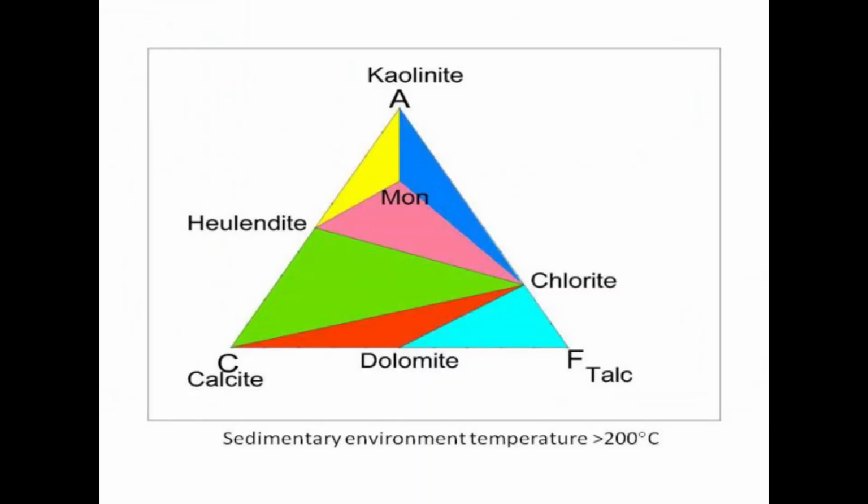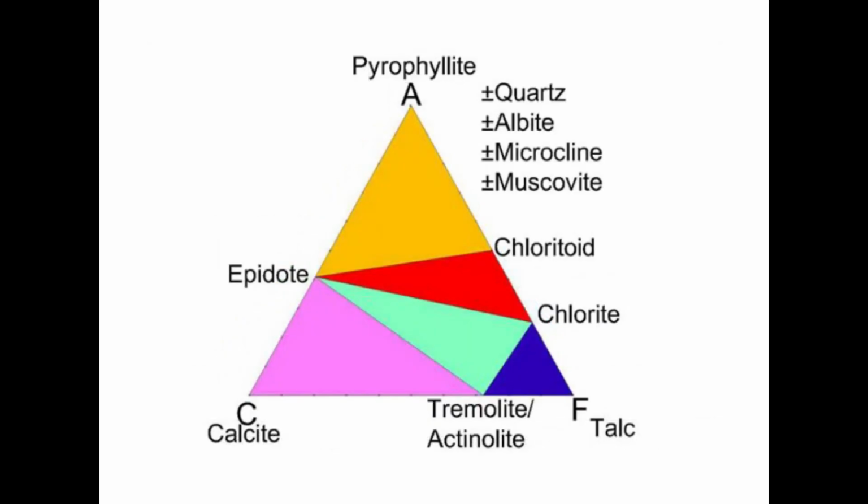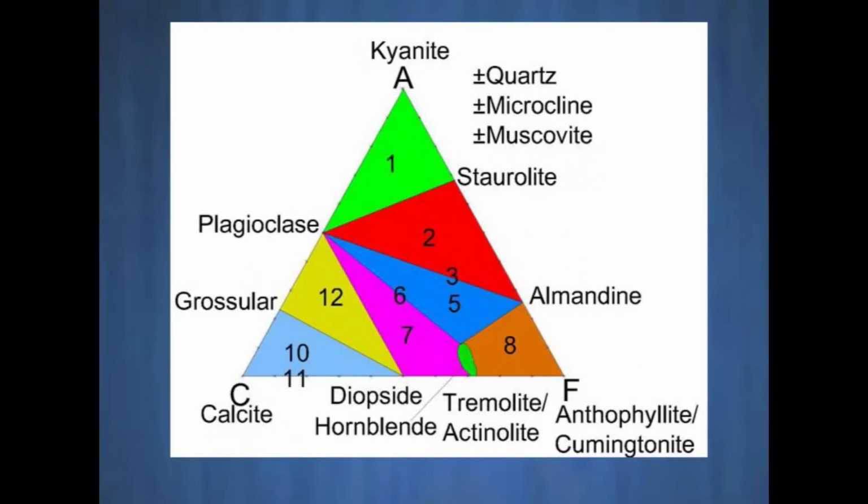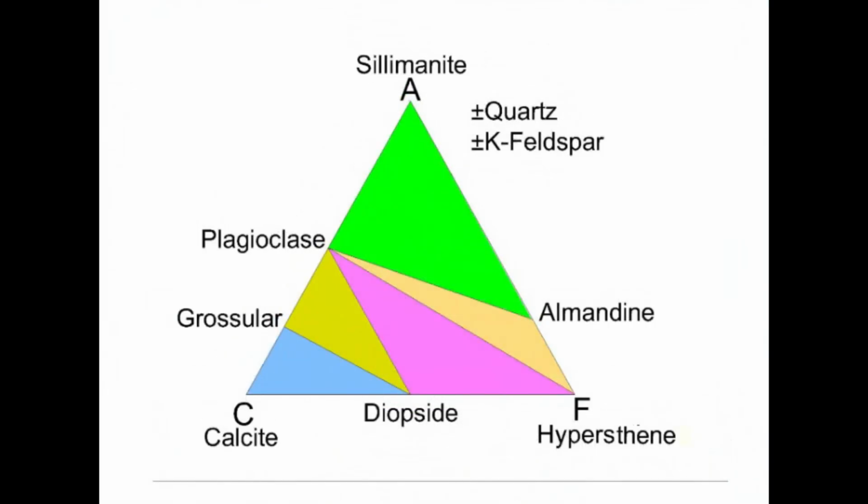Similarly, we can see the F corner, which normally changes from talc to anthophyllite and later anthophyllite changes into hypersthene. So, in the whole comparison we can see how pelitic metamorphism occurred with the effect of pressure and temperature.